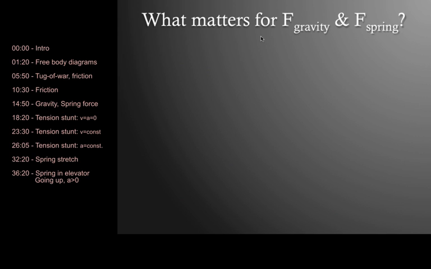All right, so now let's look at two other kinds of forces that we're going to see in a lot of cases. One is F gravity, which we've already talked about from time to time. The force of gravity is going to be mg. Now what you need to watch out for is the sign of gravity.